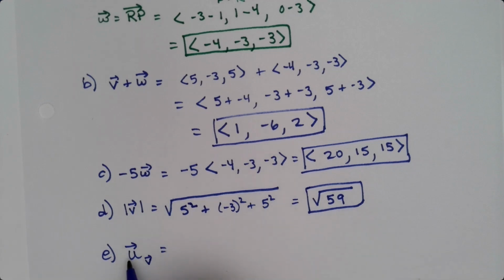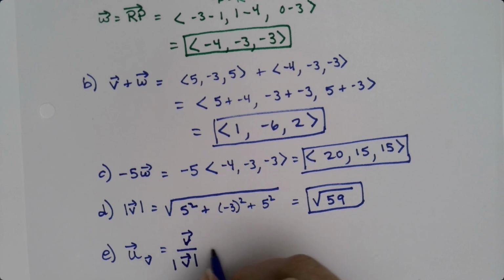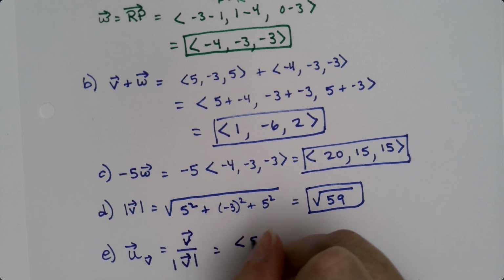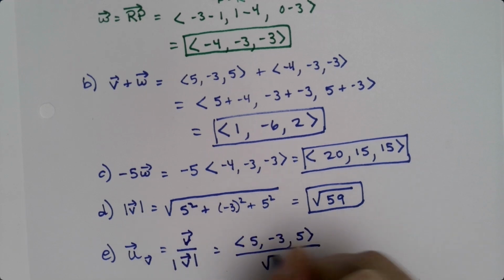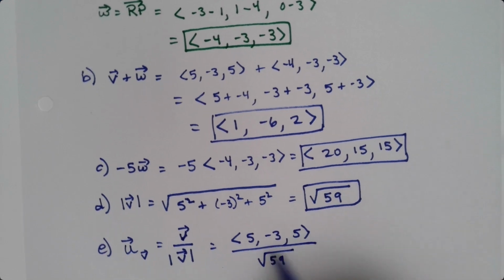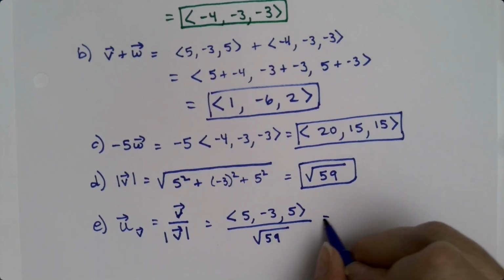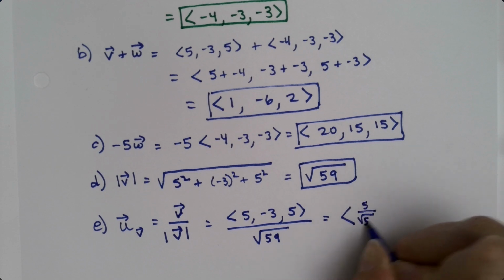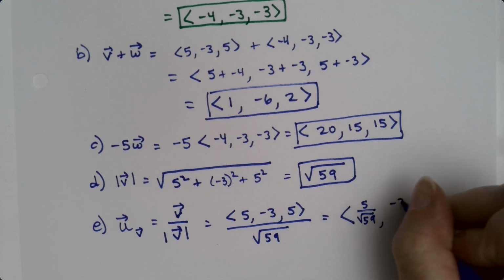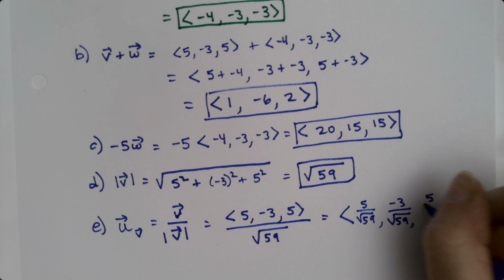So to make it a unit vector where it will be 1 unit long, you have to take vector V and divide it by the magnitude of V. So we're going to take 5, -3, 5, and we're going to divide it by the square root of 59. Which honestly, that's probably okay for writing it that way most of the time, but we will actually write it out: 5 over the square root of 59, -3 over the square root of 59, and 5 over the square root of 59.